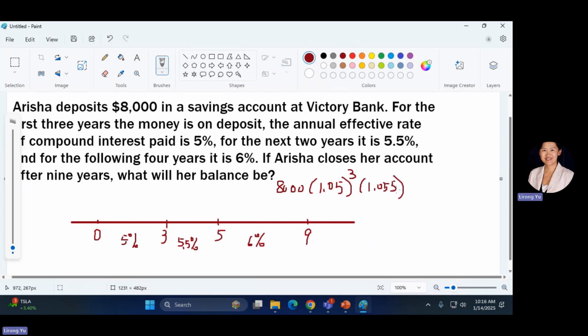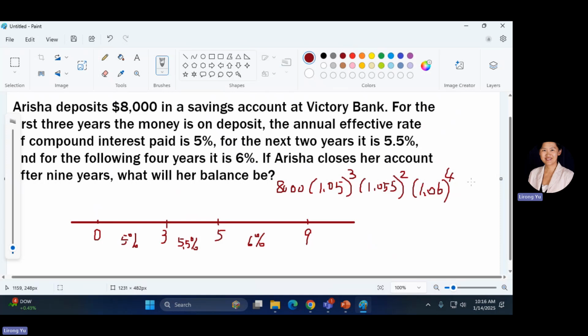All this money is how much you have by the end of the 3 years, so it becomes the principal for the following years. So having that, you multiply it by 1.055 to the power 2, for 2 years. And after that, we have 1.06 for the interest rate at 6%. You raise this to the power 4. So that's the growth of money in all 9 years. And that's the actual calculation for this one.